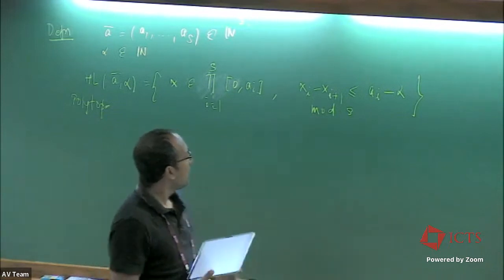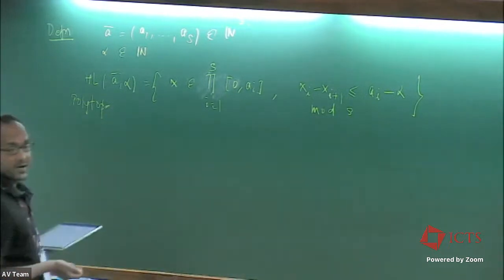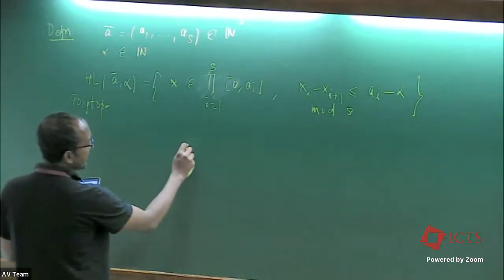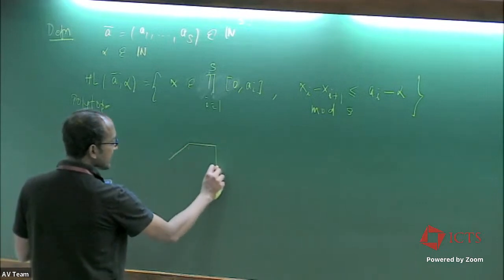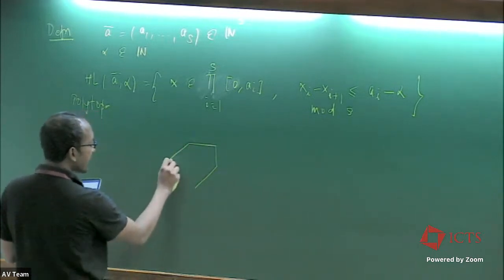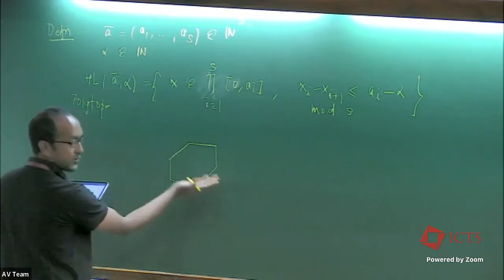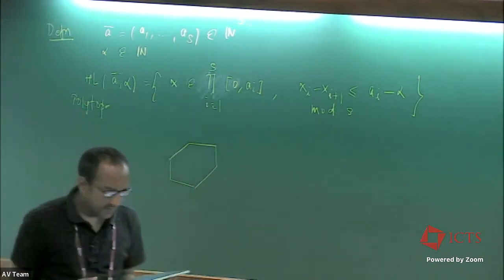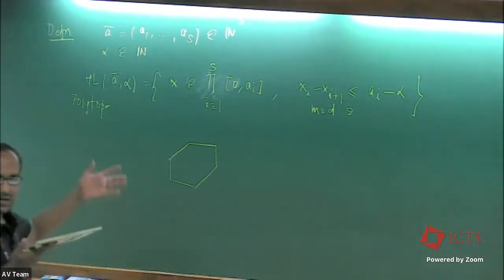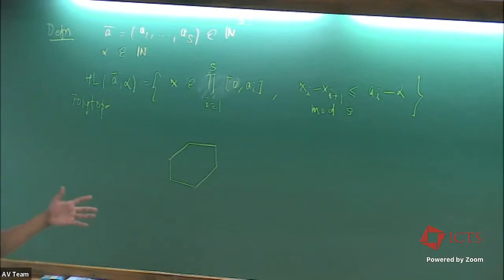In 2 dimensions, if you look at a simple example, it's a very simple polytope. It's a cube, and then you slice off 2 sections. In the higher case, you have a dilated s cube, and then you cut off these hyperplanes.